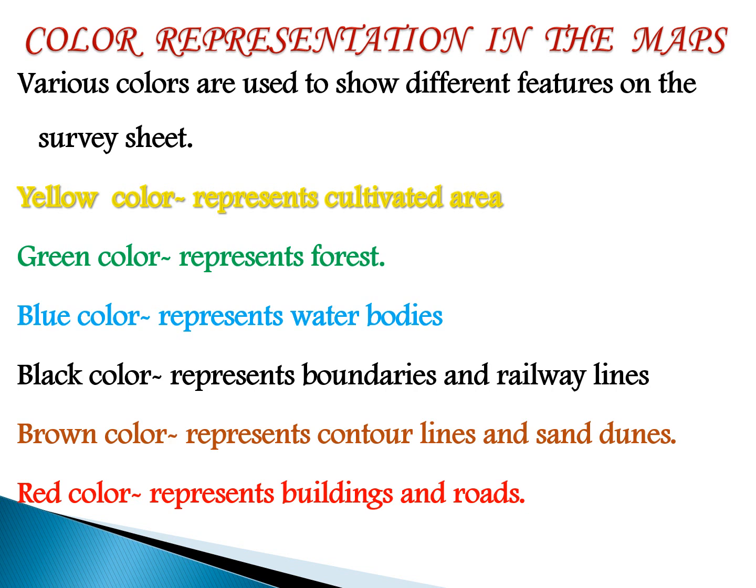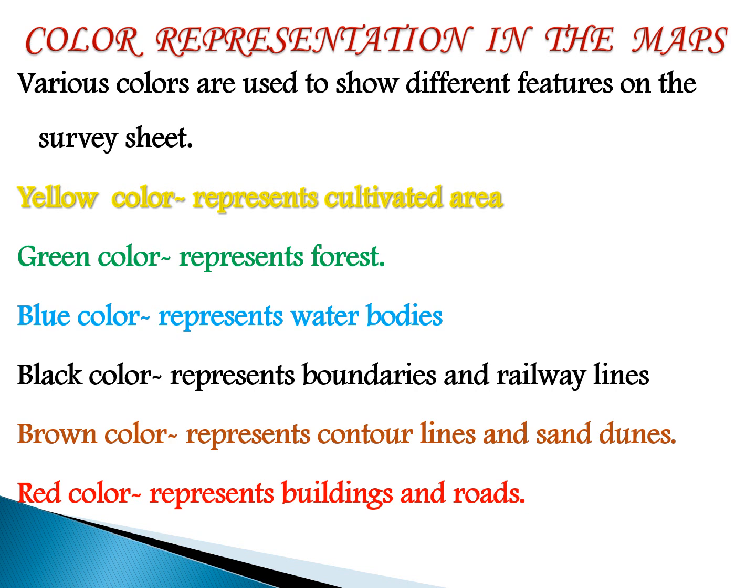Then next comes the color representation in the map. This I had told you in the first slide where I had shown a topo sheet, right? So various colors you had seen. Yellow color represents the cultivated area. Green color represents the forest. Blue color represents the water bodies, right? Black color represents the boundaries and the railway lines.